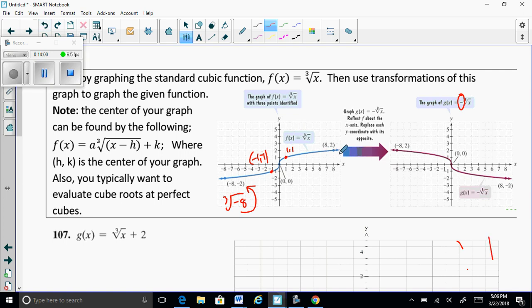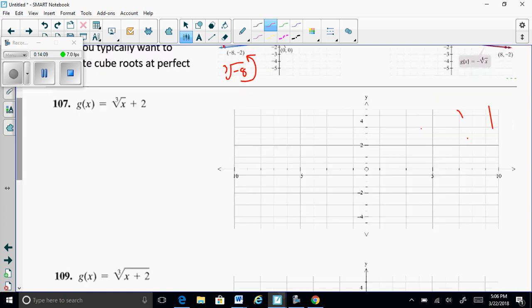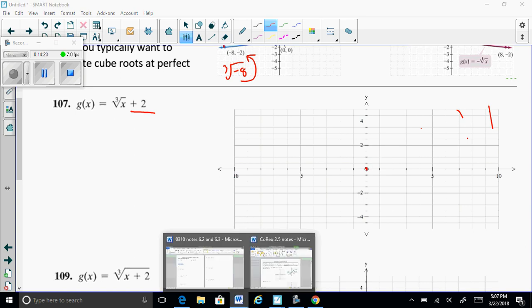So, you might want to use these points that are further out if you really want to, just to be a little extra safe. Okay. So here we go. This first one, we're just going to go up 2. And sorry that this graph does not look that great. You know what? I might actually be able to pull this up on Word. That might make life easier.